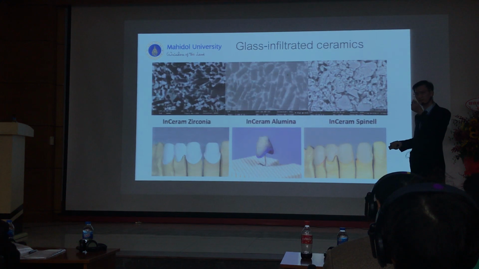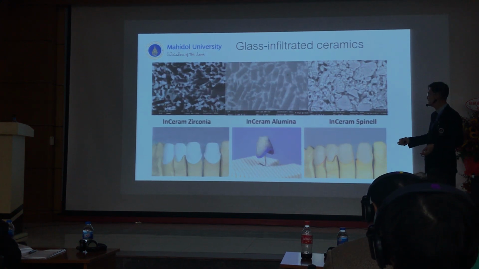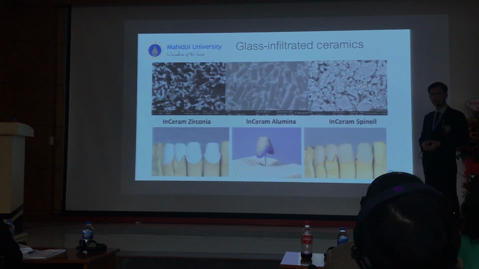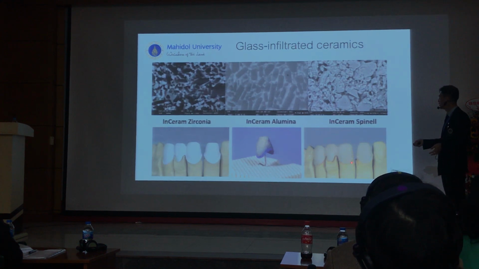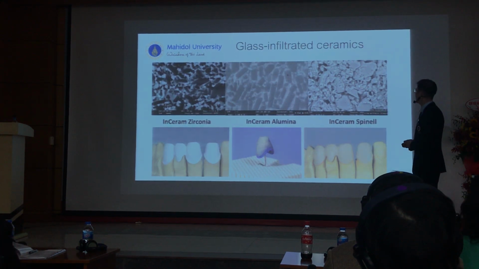You can squeeze it and it will be broken. And after that, you have to put the glass in between. That's why the glass is going to combine the crystal together. After that, when you burn it again, this one is going to be very strong. So the glass combines the crystal together and makes it very strong. So this group of material belongs to a polycrystal material as well.